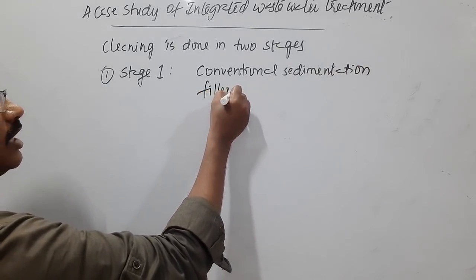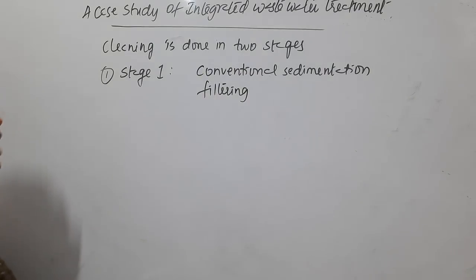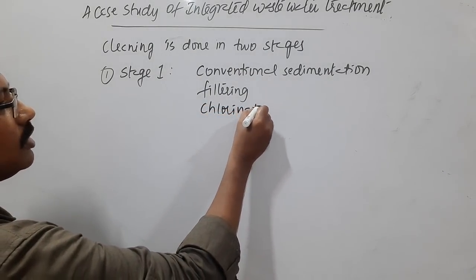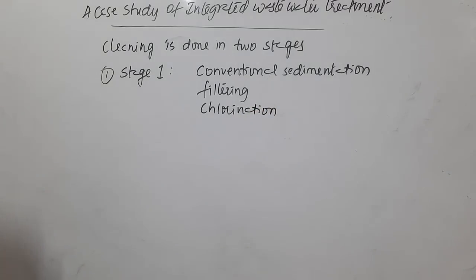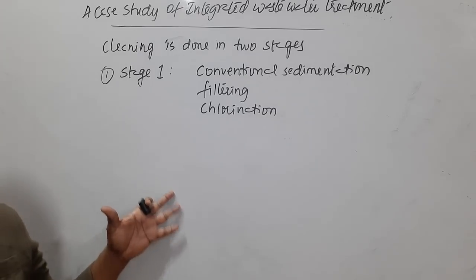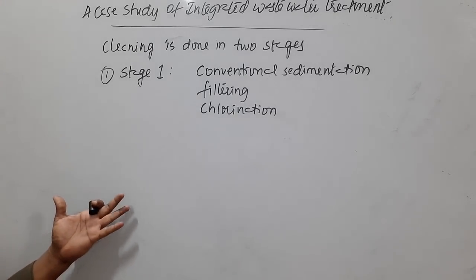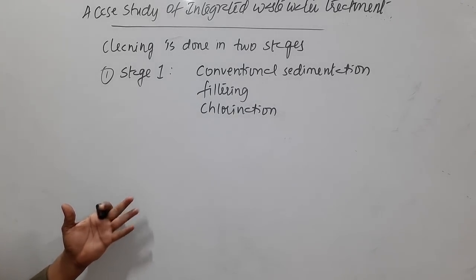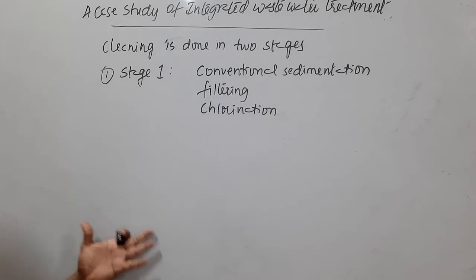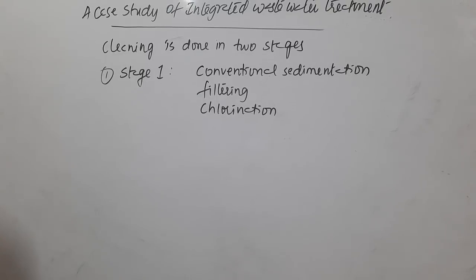Then they go with filtering, and then they do chlorination. These are the three things they do in stage one. You can say these are artificial processes: the conventional sedimentation, then filtering, and then chlorination.